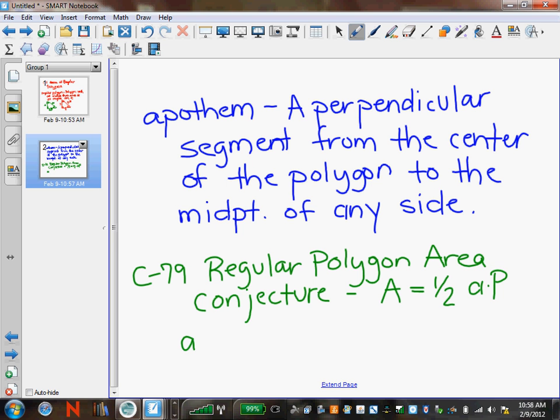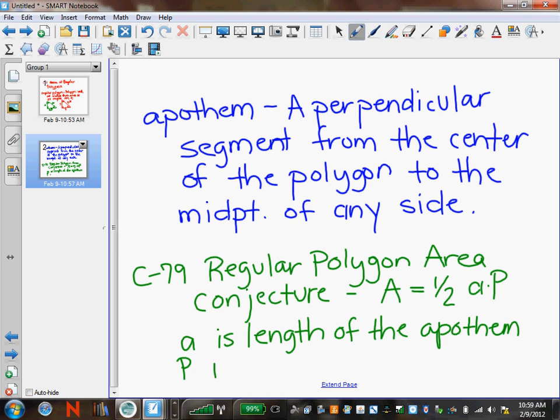So A is the length of the apothem, and P is the perimeter. Okay, so 1/2 apothem times perimeter.